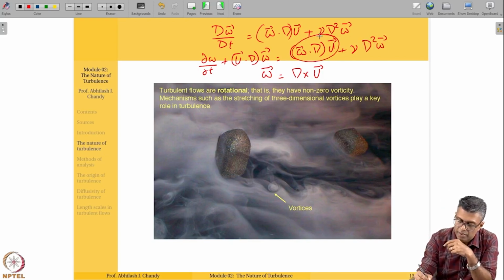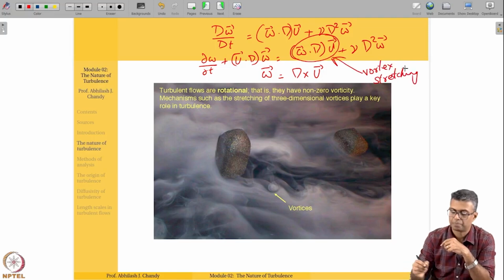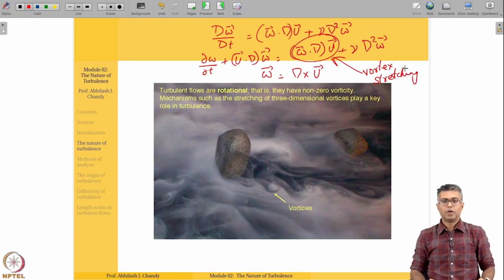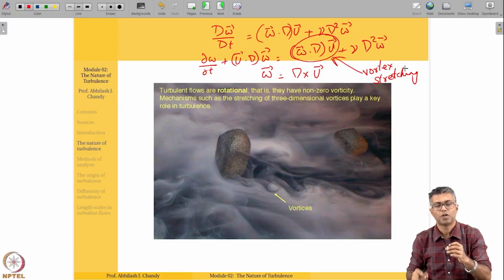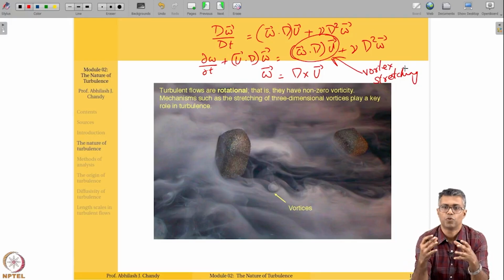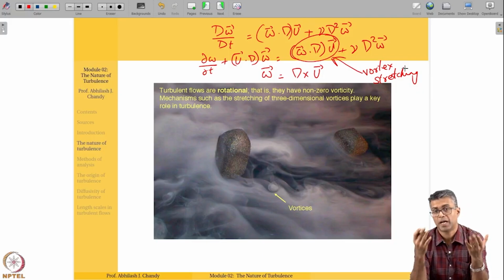This term here is the vortex stretching term. We now know that the vortex stretching is primarily responsible for the breakup of vortices. So it has a big role to play in vorticity dynamics.